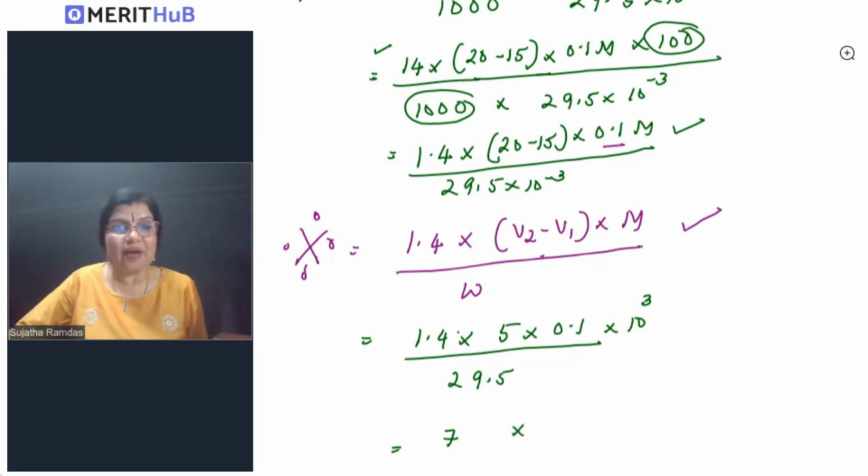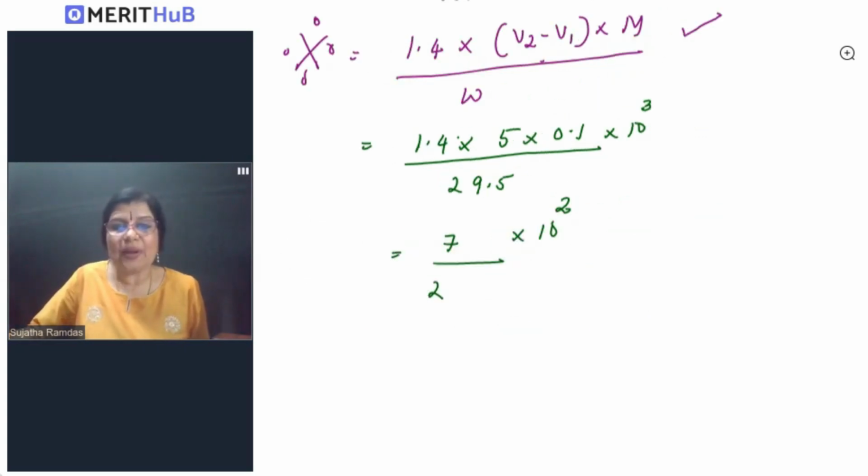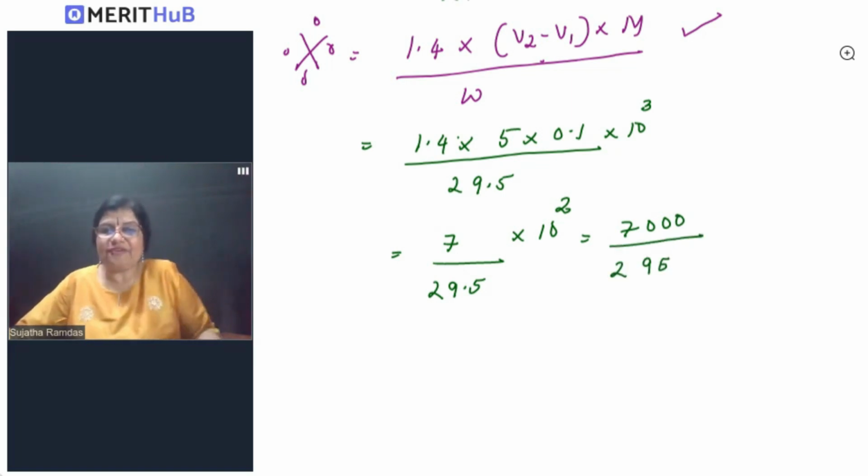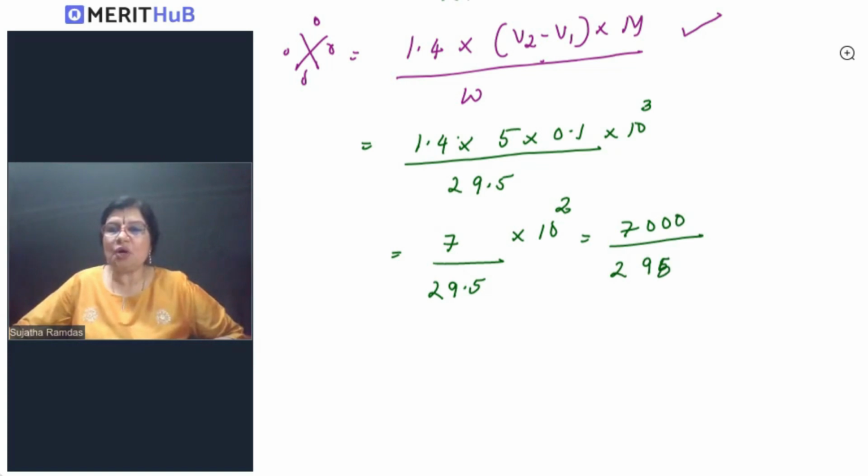So 10 to the power of minus 1 into 10 to the power of 3 would be 10 to the power of 2, divided by 29.5. I'm trying to make the calculation easy. So this would be 700 by 29.5. To remove this decimal, 7,000 divided by 295.